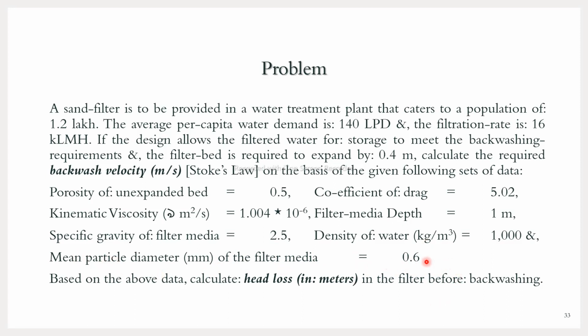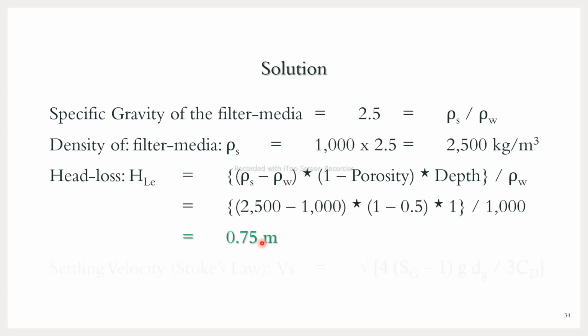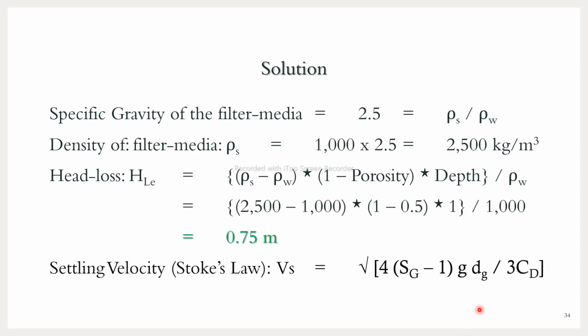So this millimeter you have to convert into meters, because which one are you using in the formula? This one, g 9.81 meter per second squared. This one you are using in SI unit.